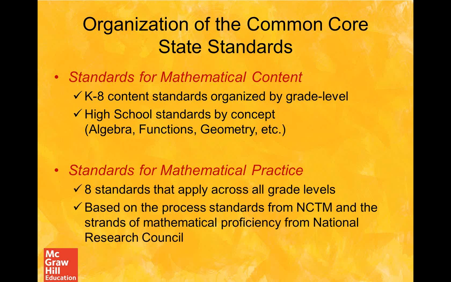There are also the 8 practice standards that apply across all grades K through 12 and are based on the process standards from NCTM and include the strands of mathematical proficiency from the National Research Council's report, Adding It Up. They include the broad goals or habits, such as working towards accuracy, using abstract reasoning, modeling, etc. The mathematical practice standards are intended to be interwoven with the content standards.